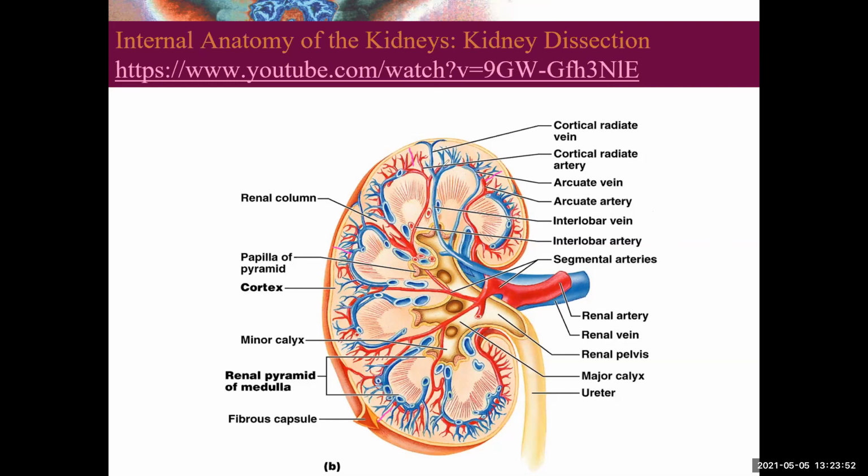This interlobar artery then divides and becomes an arch. You see, they are like a bow. And that arch artery is called the arcuate artery, which is the branch of the interlobar artery. Now, the arcuate artery gives a straight branch, radiating from the arch, and that is called the cortical radiate artery.